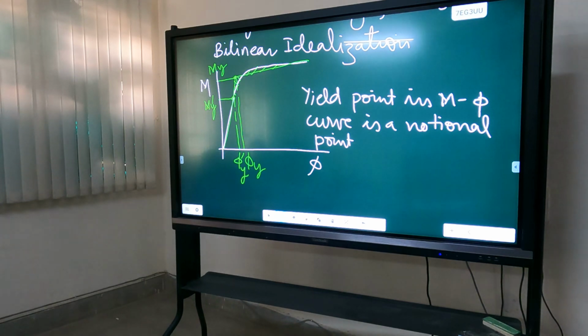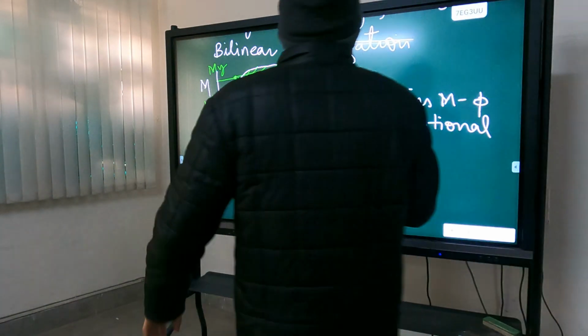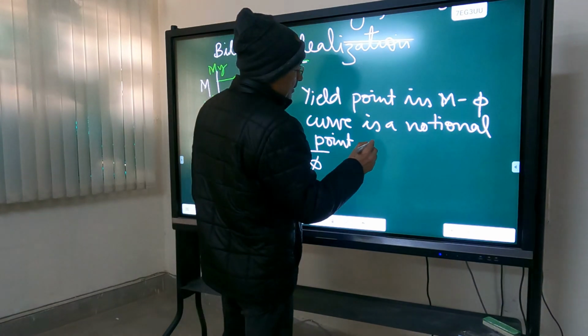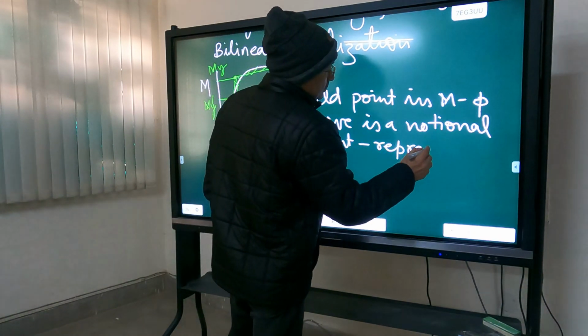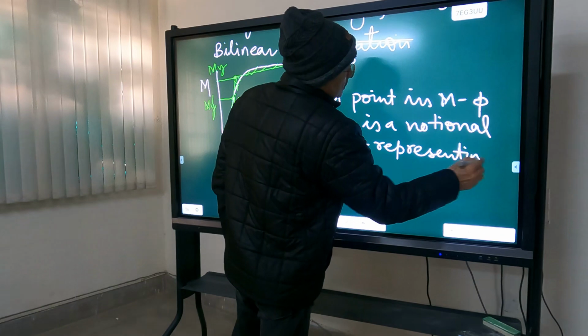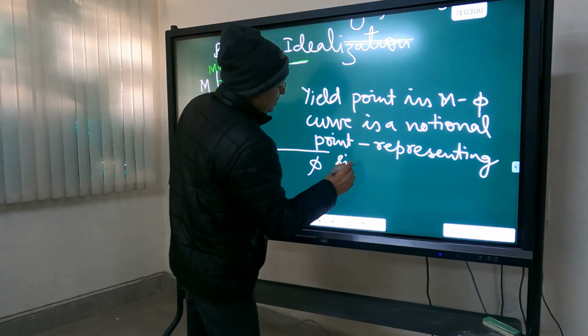And what is it actually representing? It is representing that a sufficient number of fibers in my beam have yielded. So this is a notional point representing significant yield of the section.